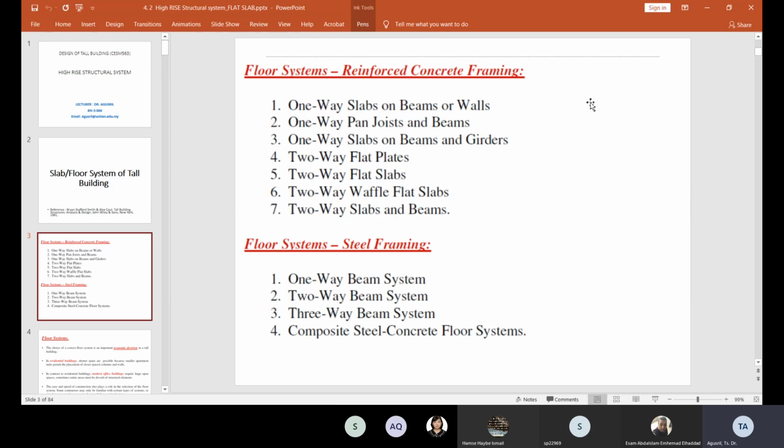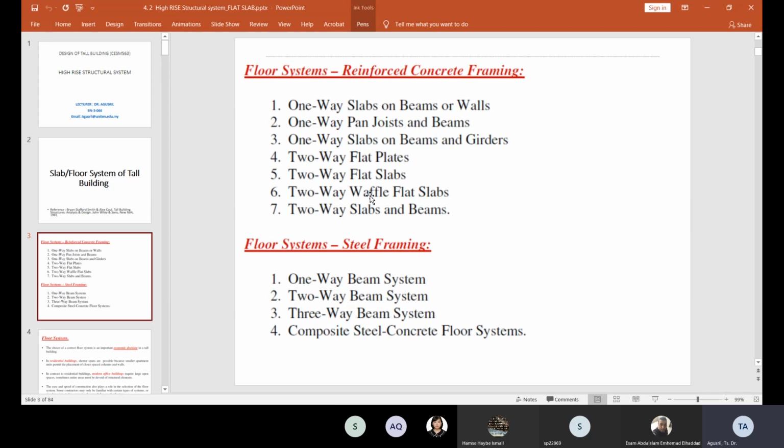For the conventional one, there is the one-way slab or two-way slab, and also the one-way or two-way slab with what we call the restraint slab, meaning the slab is supported by the beam. And we also have the flat slab, or flat plate, meaning the building doesn't have any beam, so all the load will be transferred directly from the slab to the column.